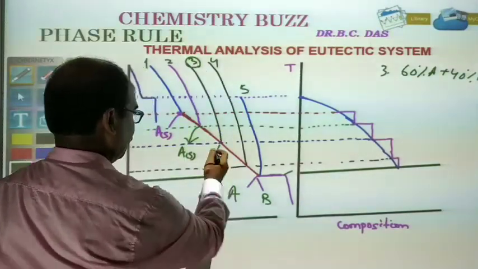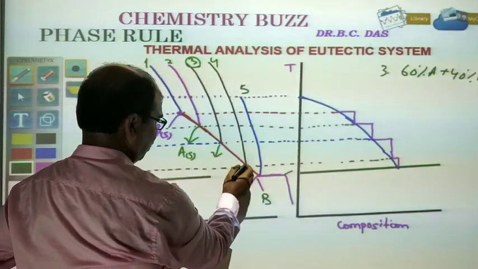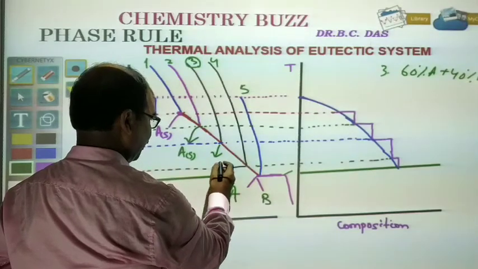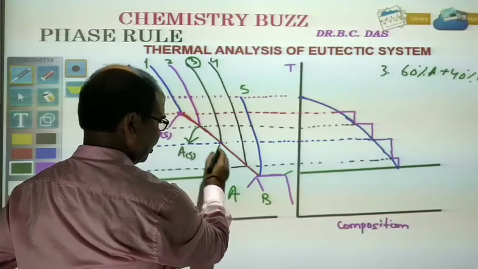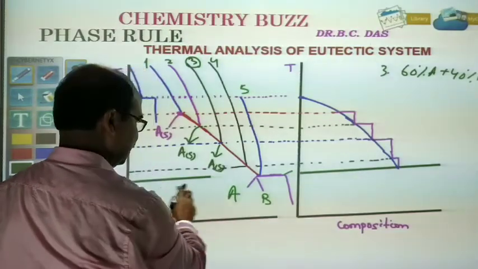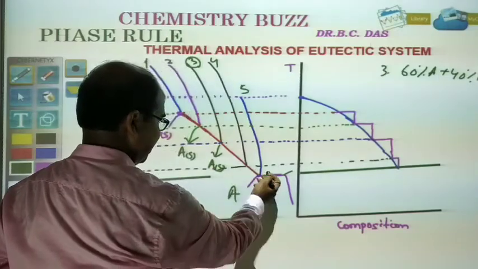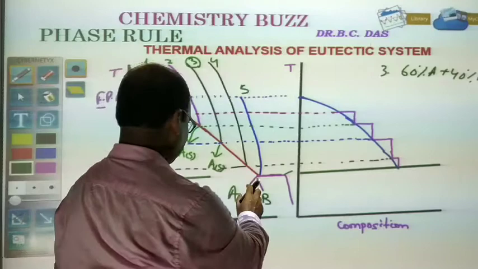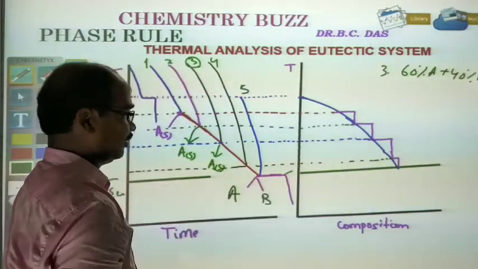Okay, then the temperature will further fall, and more formation of solid A will occur till the eutectic temperature and eutectic composition are reached, and after reaching them, the solidification of A and B will start together.